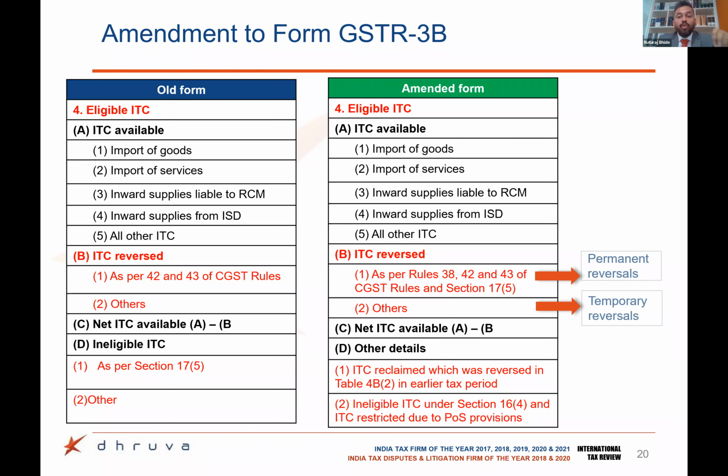Now, there will be a number of credits which will appear in GSTR 2B. For example, let's say a vendor has reported his invoice in a particular GSTR 1, but the goods have not yet been received by the company, or the service invoice has not yet been booked in the particular company. So while the amount is appearing in GSTR 2B, I will not be availing credit in this particular 3B.